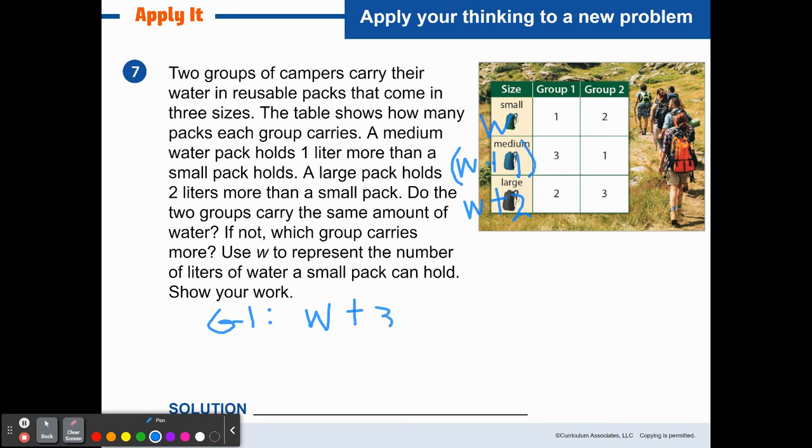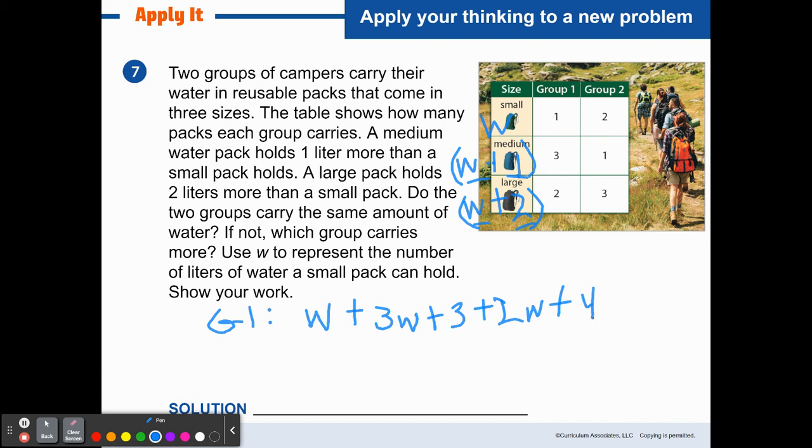So that would be 3W plus 3, because they have 3 of each of those pieces, right? And then they have 2 of this amount, which would be 2 of each of those terms, right? So that would be 2W, and then 2 times 2 would be 4.